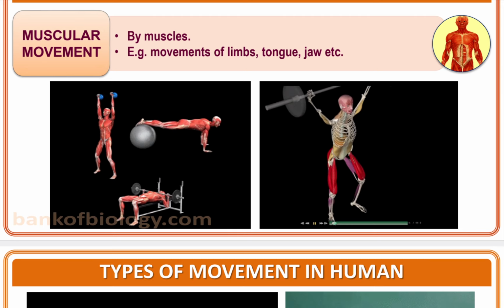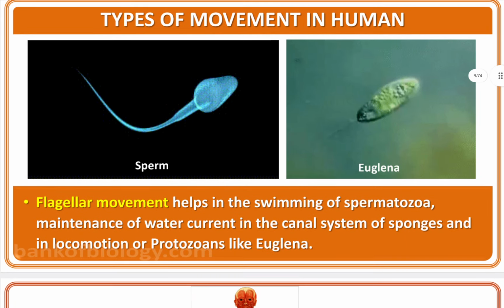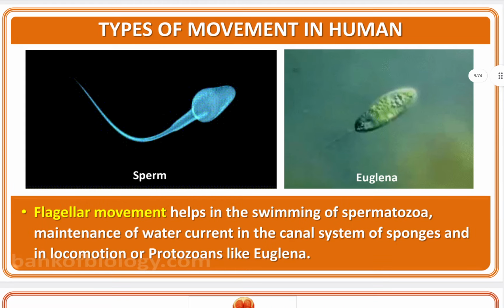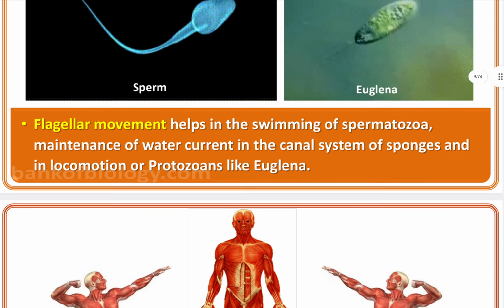Example, movement of limbs, tongue and jaw. Some more movements are there, like flagellar movement. It helps in the swimming of spermatozoa, maintenance of water current in the canal system of sponges, and locomotion of protozoans like euglena. Water canal system, we are all familiar with the term. Here the flagellar movement is there.